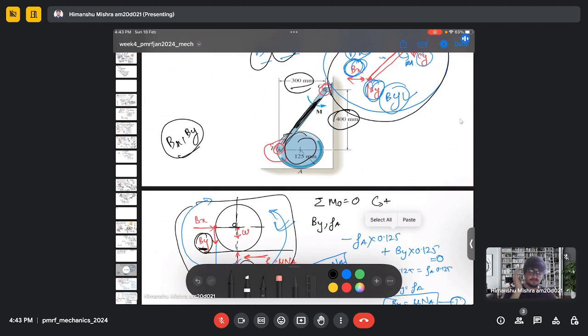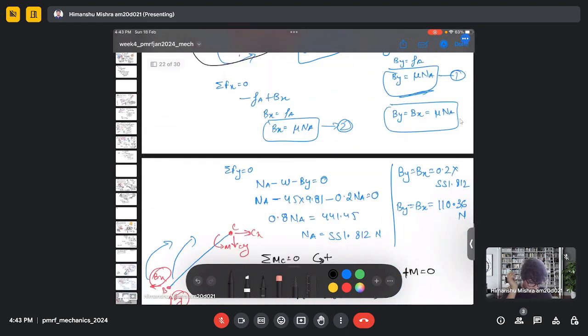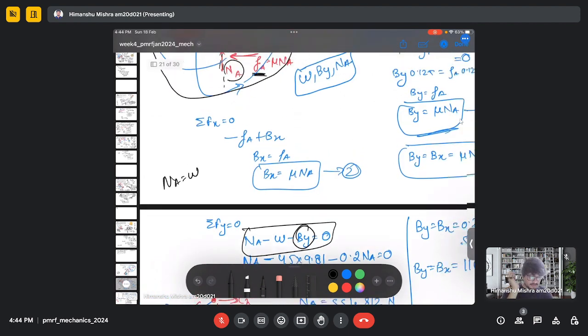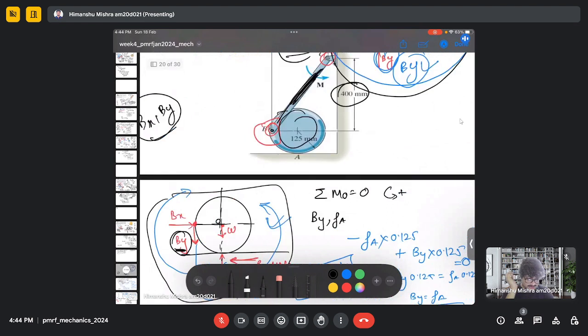There are other forces acting on the system. So when you do the summation of force in the vertical direction, the normal reaction is not balancing only the weight. There are other forces also, and that force is actually this By. So here you have another vertical component of the force, and due to this component, the normal reaction is not exactly balancing the weight of this disk.